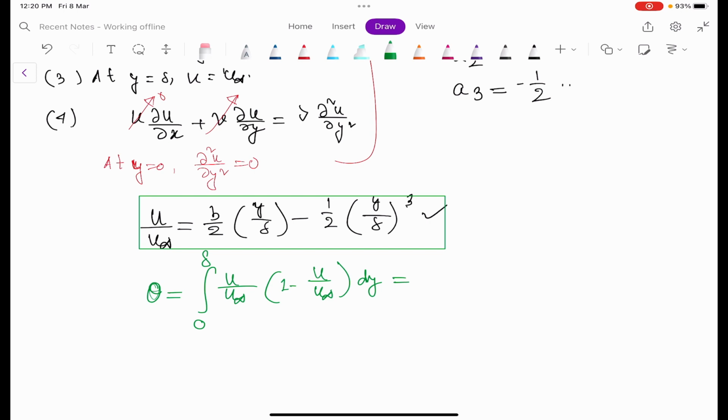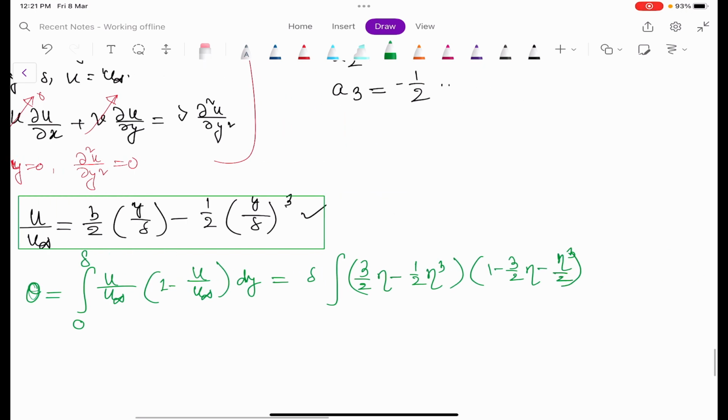You multiply a delta here, and u by u infinity is a function of eta, 3 by 2 eta minus half eta cube, into 1 minus 3 by 2 eta minus eta cube by 2, and now you have multiplied the delta, so that will be d of y by delta, and y by delta is eta.